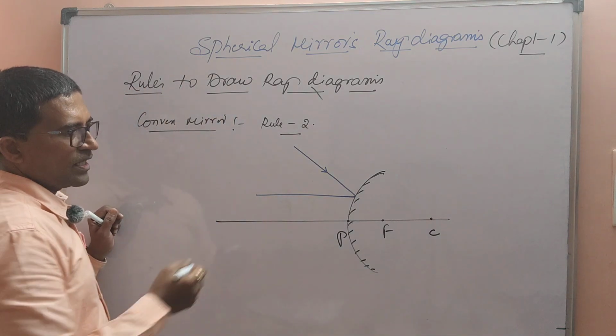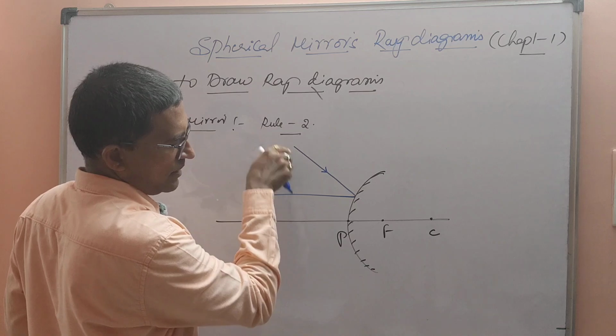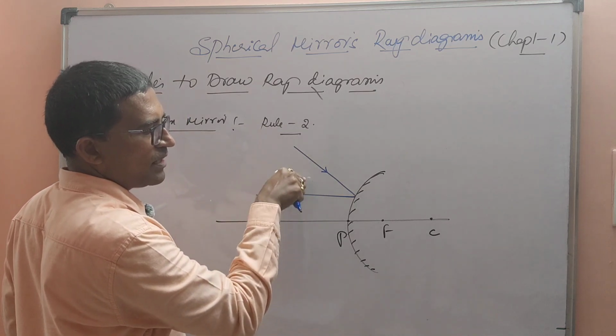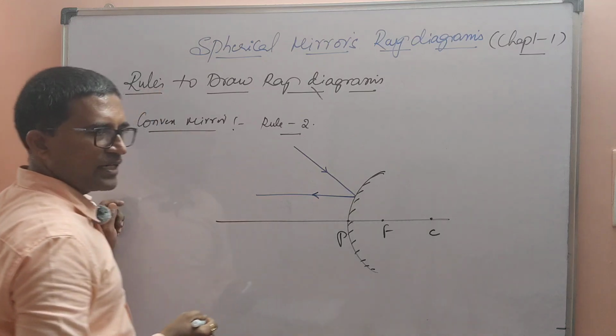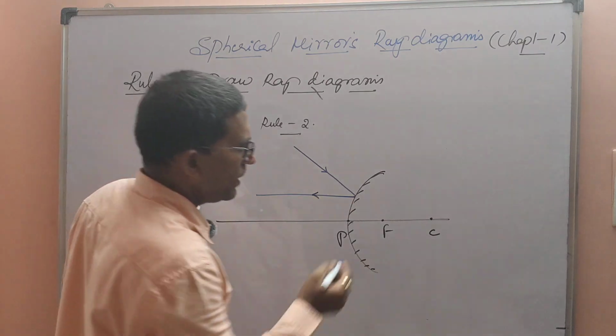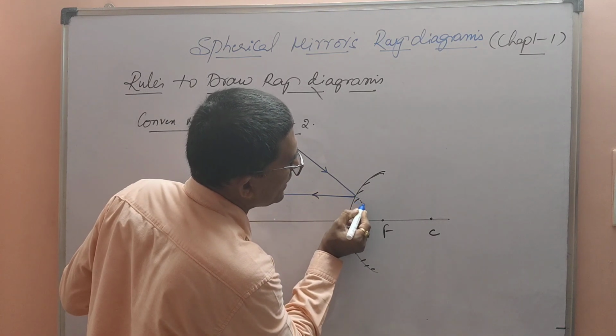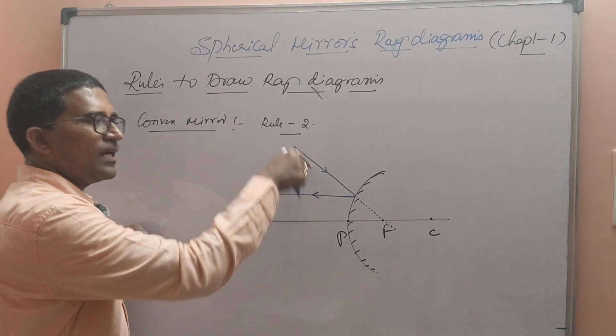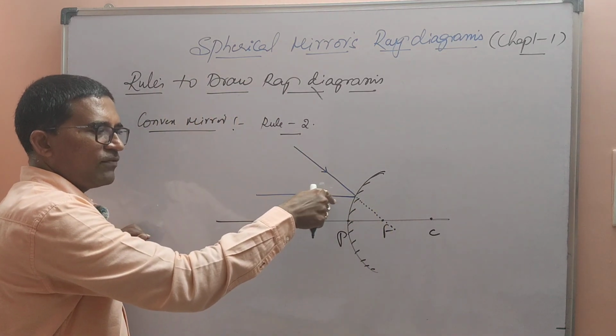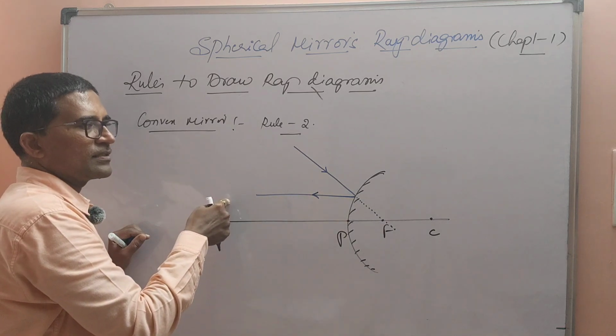Remember this. After reflection, the reflected ray is parallel to the principal axis, and this is considered as an imaginary line. Is it clear?